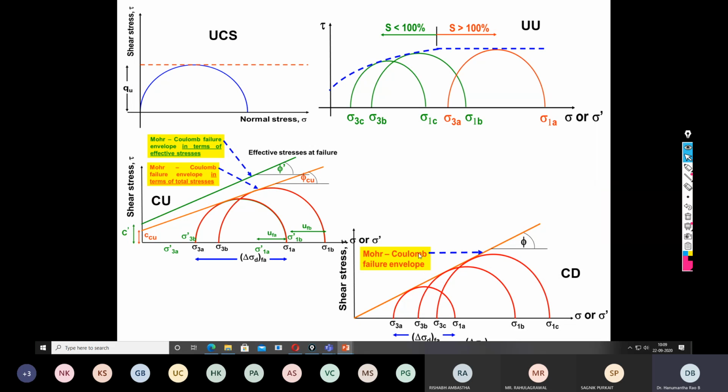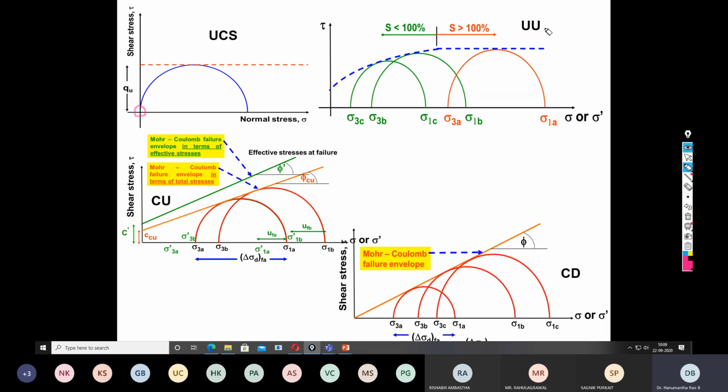Okay, so this is a small compilation. When you conduct UCS, you get only the undrained cohesion. So I don't need to explain again why it is undrained. Here sigma 3 is 0. Therefore the Mohr circle is passing through the origin.